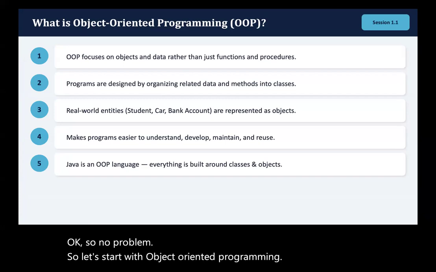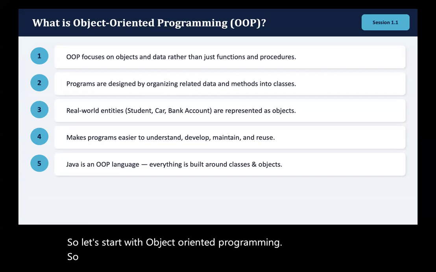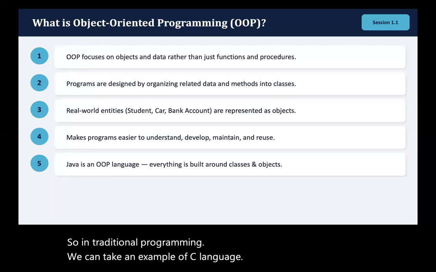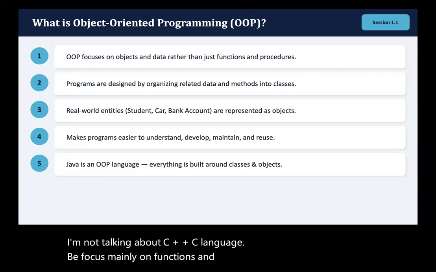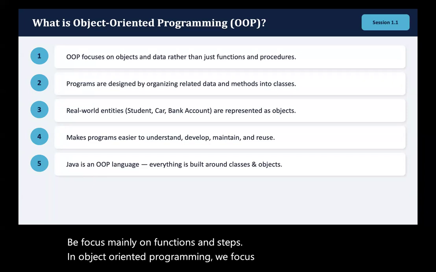So in traditional programming, we can take an example of C language. I'm not talking about C++, C language. We focus mainly on functions and steps. In object-oriented programming, we focus on objects and data.